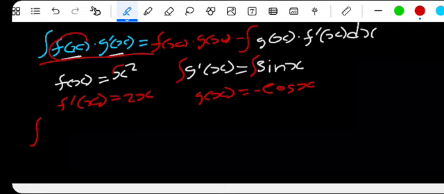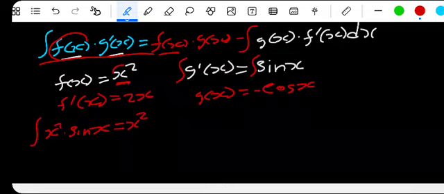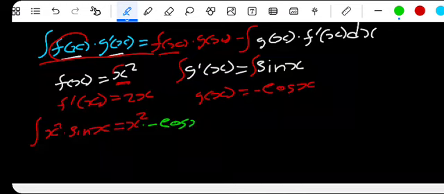F of x is x squared, multiplied by g of x, which is negative cos x.